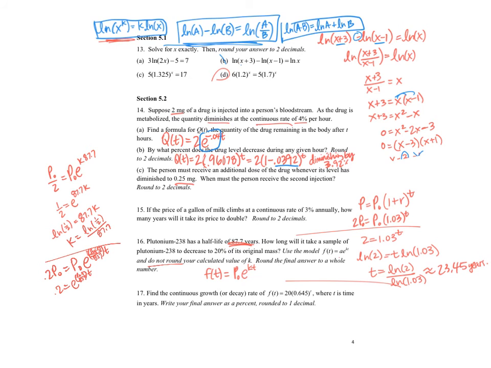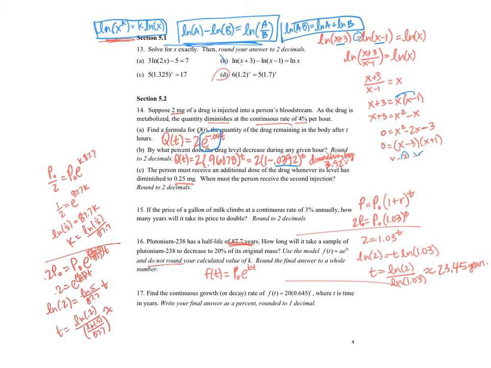Then I could take the natural log of both sides. So natural log of 0.2 is equal to natural log of 0.5 over 87.7 times t. Then I can divide by that. So I get t is equal to natural log of 0.2 divided by natural log of 0.5 divided by 87.7.